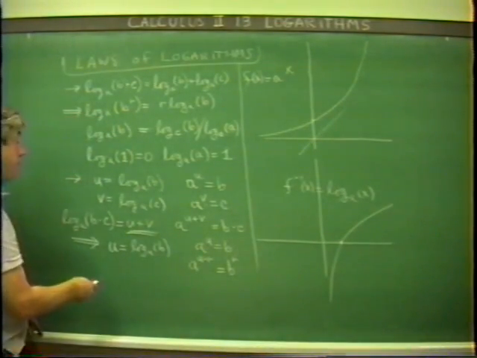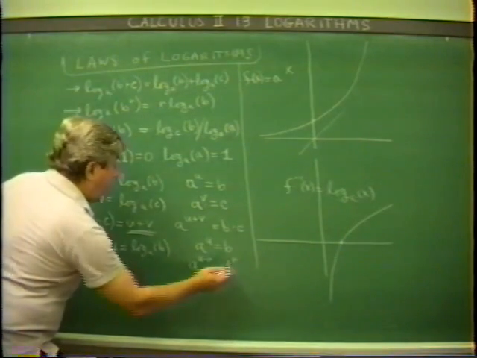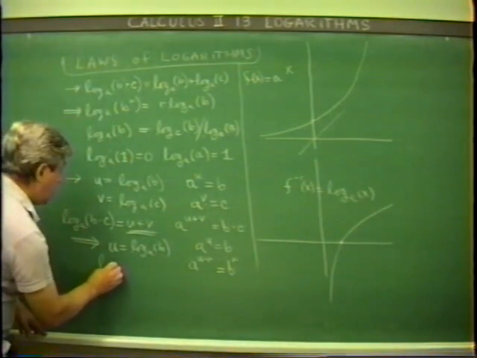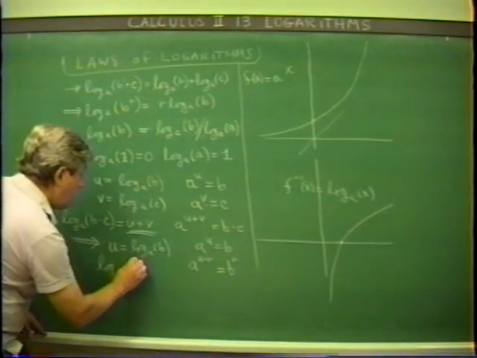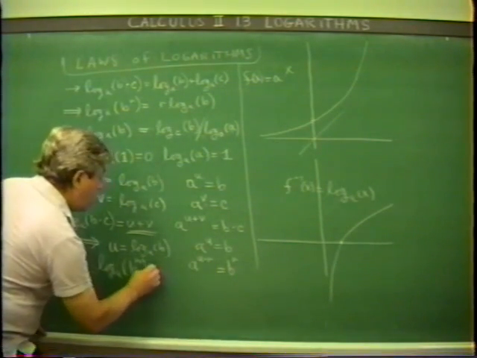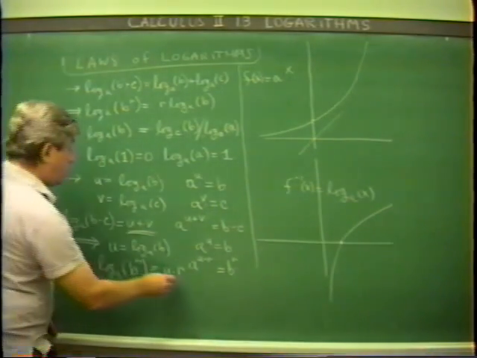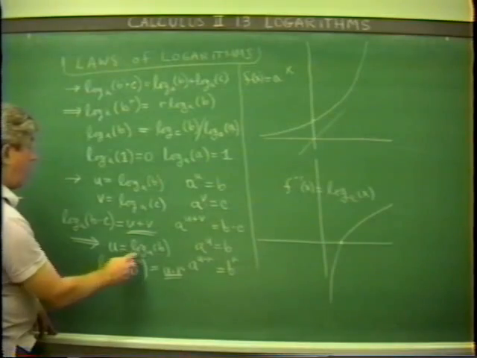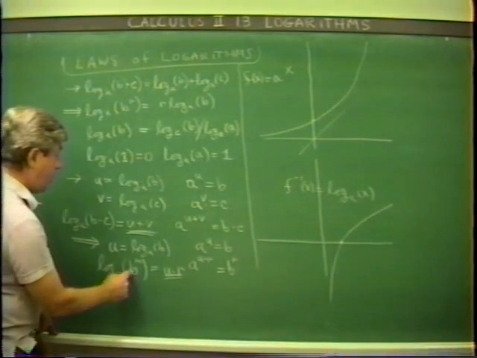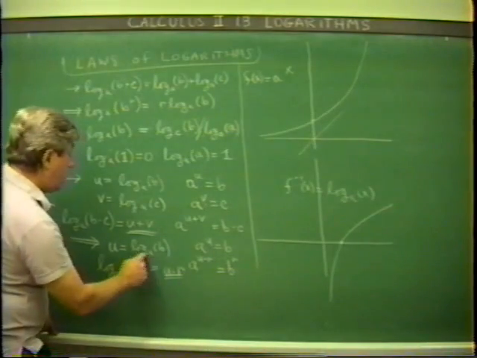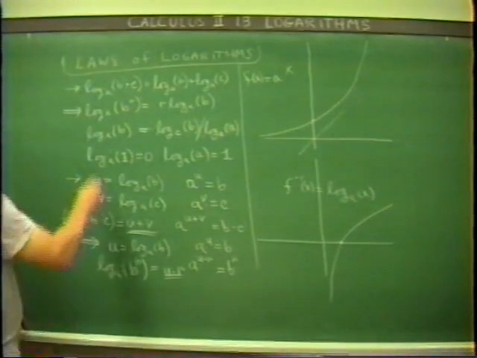So from this it follows that the log to the base a of b to the r is u times r. And that's exactly what we want, because u times r is r times the log to the base a of b, and this says that the log to the base a of b to the r is equal to r times the log to the base a of b.